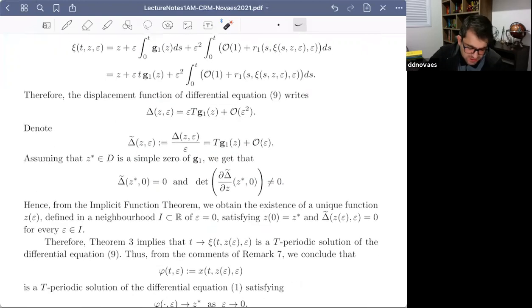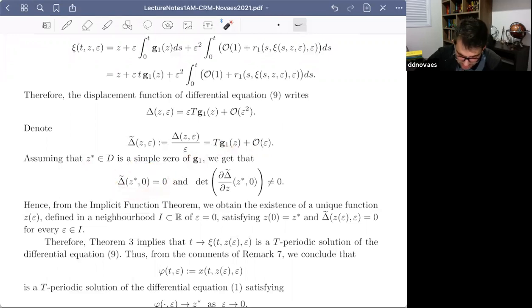Thus, if z star, a point in the spatial domain, is a simple zero of g1, the first order average function, then delta tilde of z star, 0 vanishes. Then we have g1 of z star, which also vanishes because I'm assuming that z star is a zero of g1, then it's equal to 0.